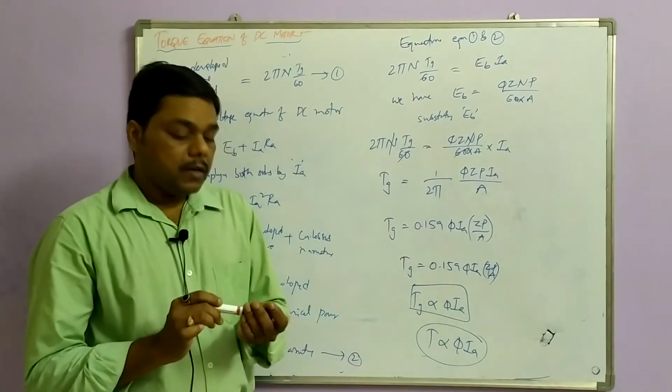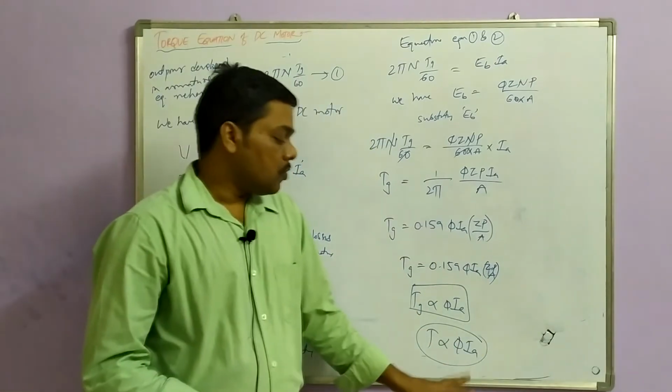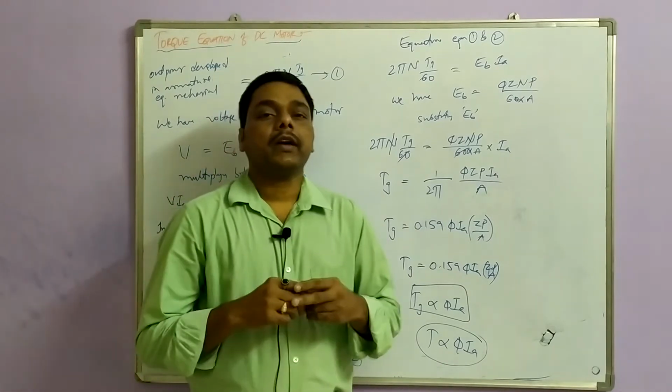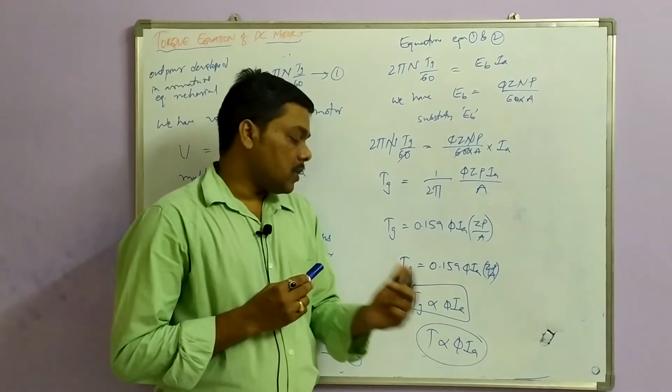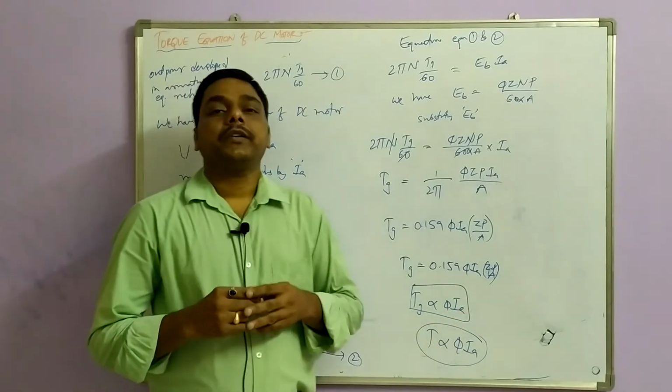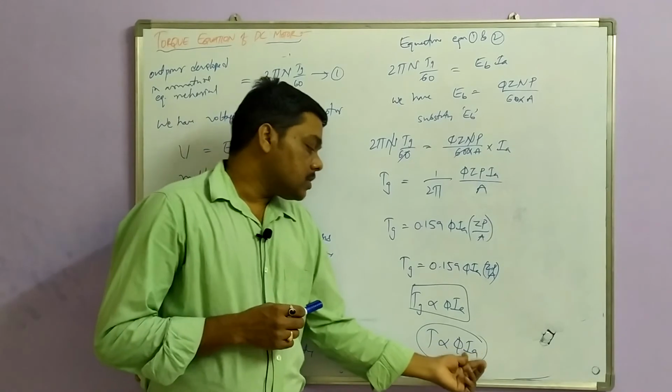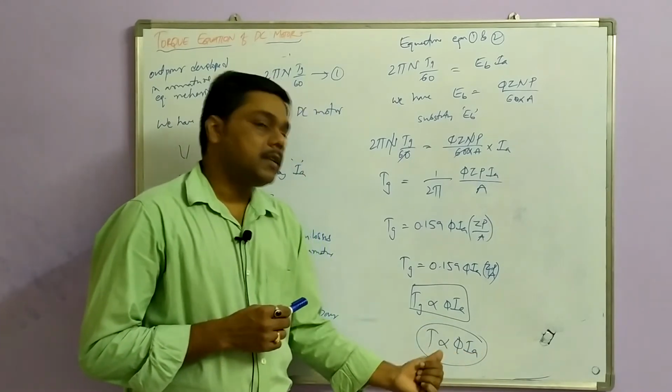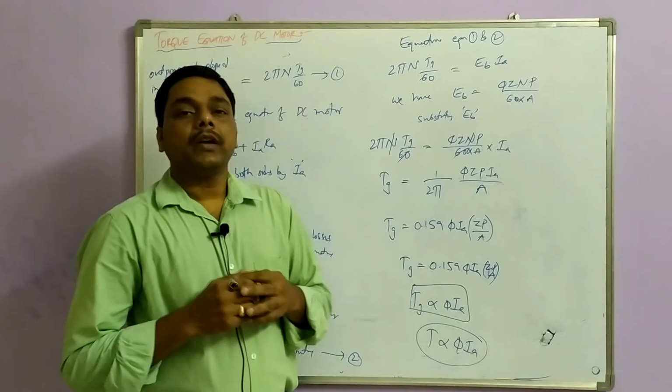Torque is directly proportional to flux and armature current. If you keep the flux constant and increase the armature current, torque also increases, and if you keep the armature current constant and the flux decreases, torque also decreases.